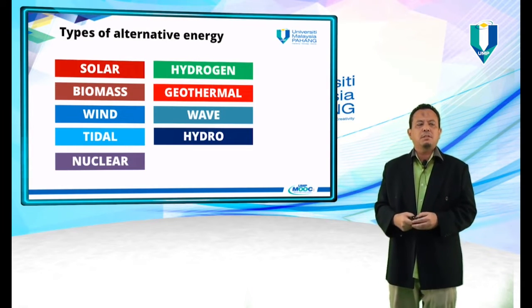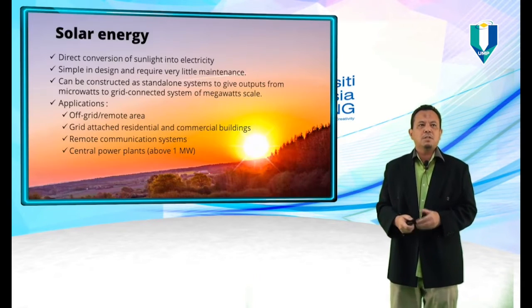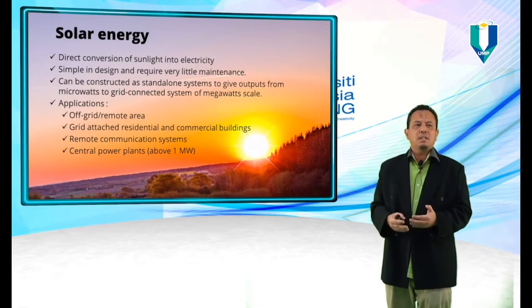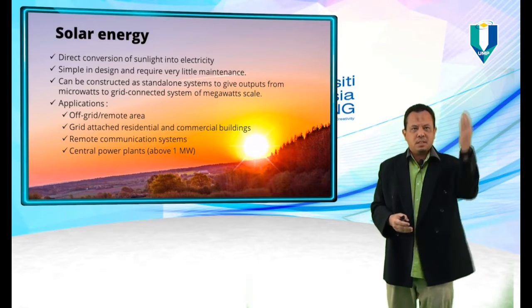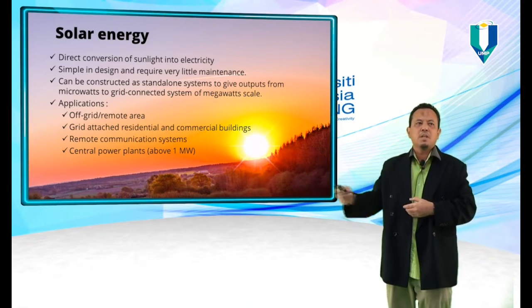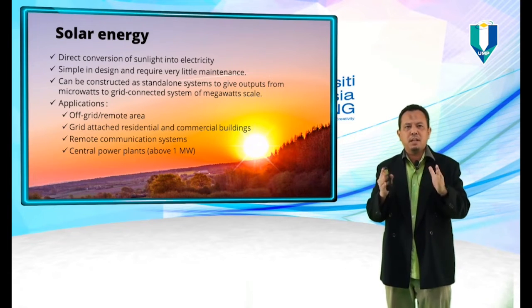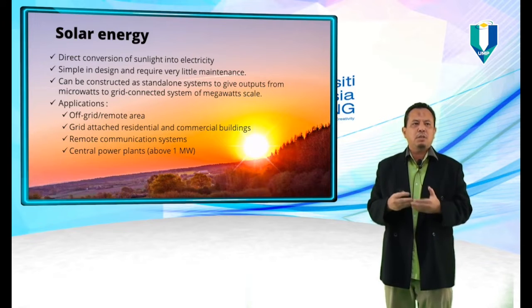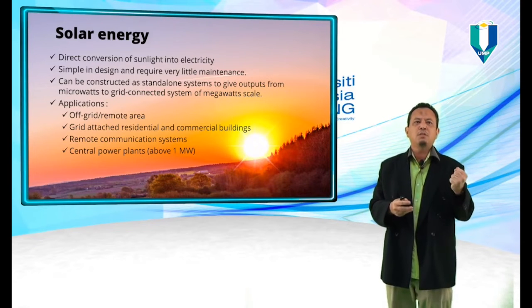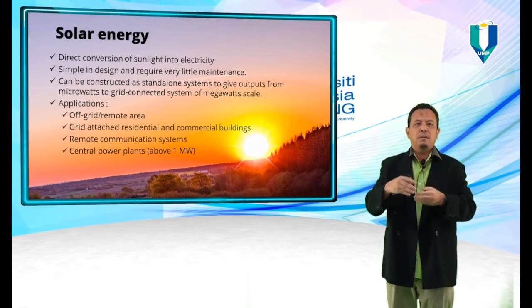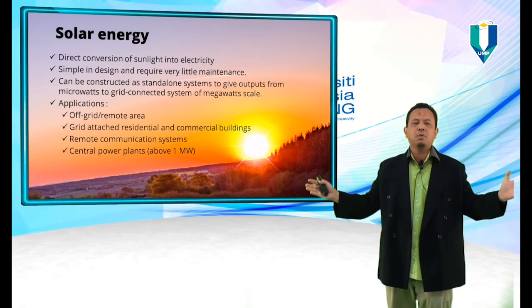So, we go to the first alternative energy, solar energy. Solar energy is basically the direct conversion of sunlight into electricity. It is simple in design, and requires very little maintenance. It also can be constructed as a standalone system, to give output from micro scale to grid connected systems of megawatt scale.